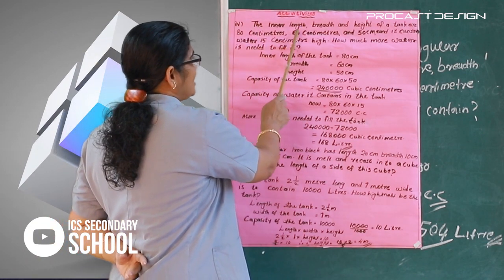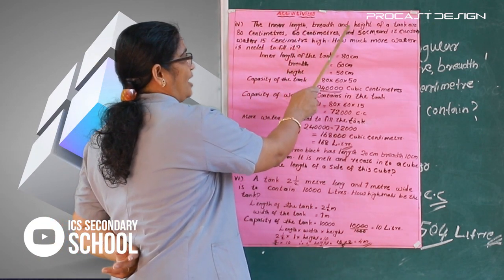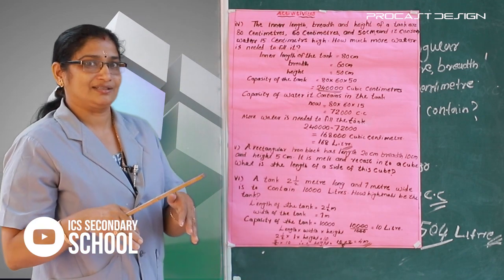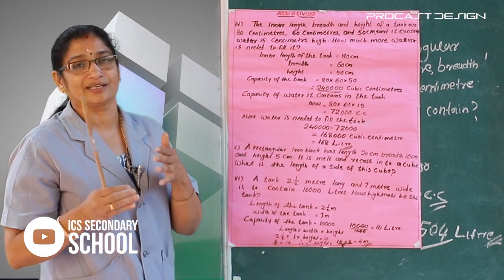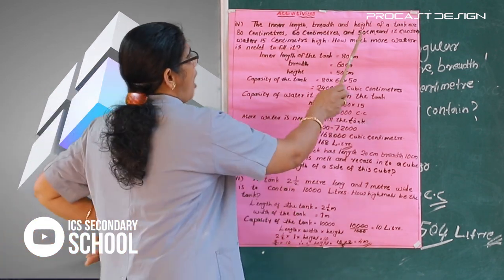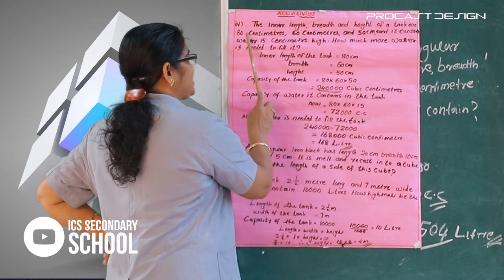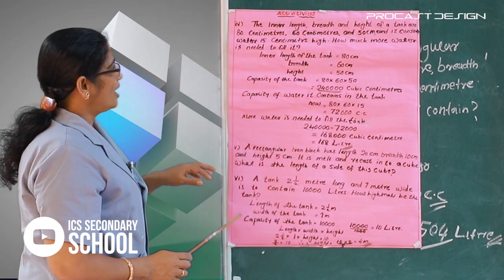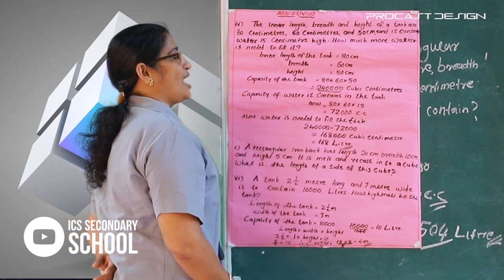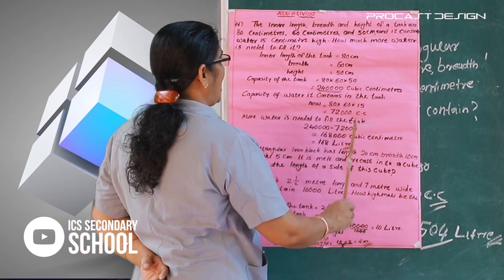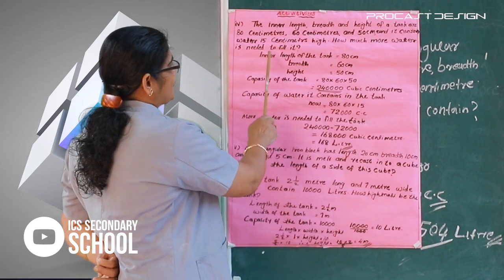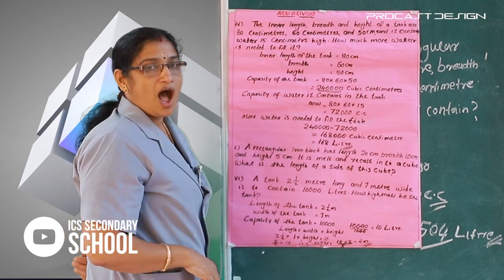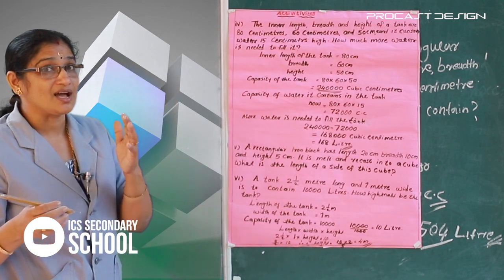Activity: the inner length, breadth and height of a tank are 80 centimeter, 60 centimeter and 50 centimeter, and it contains water 50 centimeter high.